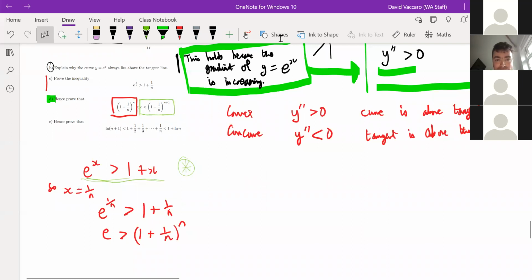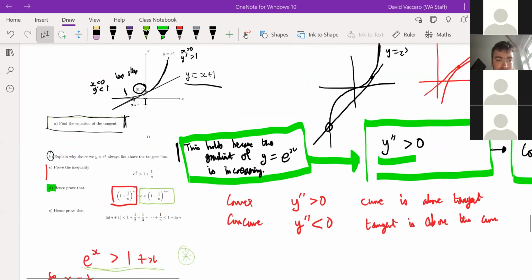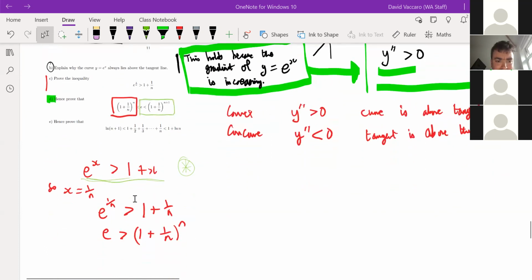This is a good intuition test. Stare at the terms, stare at the powers. Remember, you're going to need to get the inequality the other way around. It's a very tough question. I'm not surprised there's not many answers in the chat.